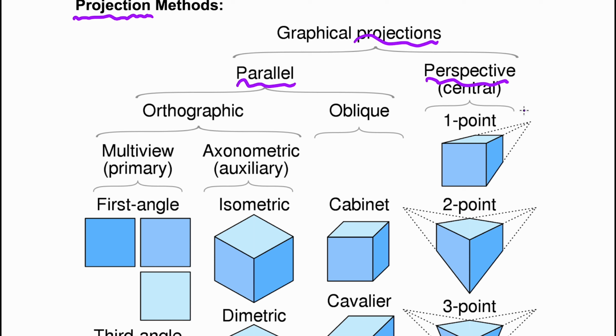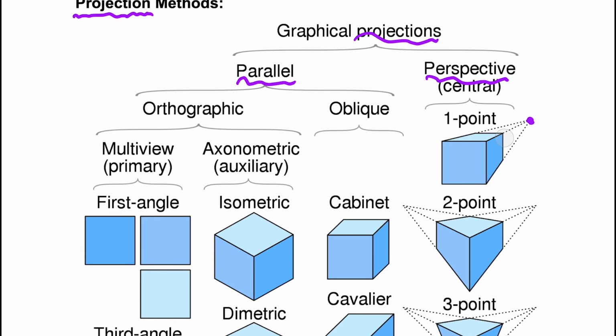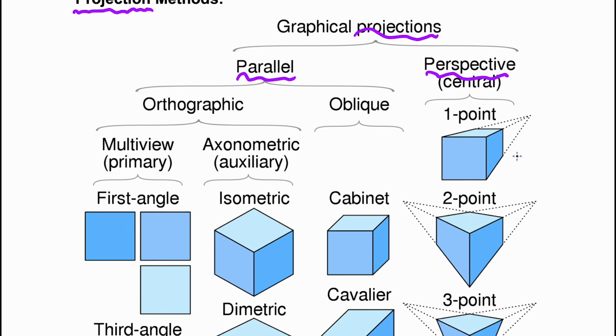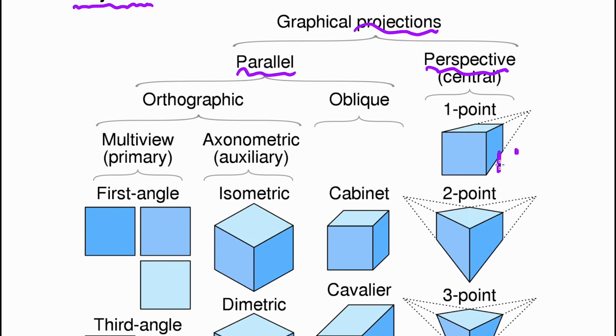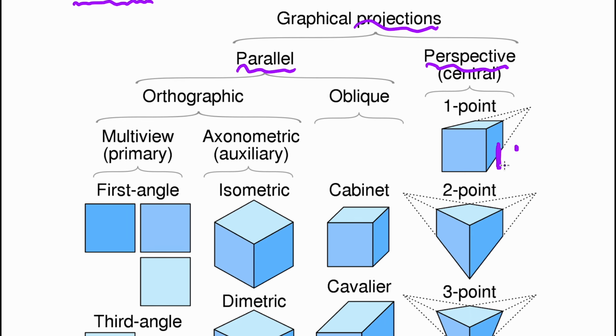In perspective projection, if you have a point-like source of light, your eye is going to receive that light like it's magnified when it's getting closer and closer. So it creates this effect or illusion that distant objects are smaller than the objects that are closer to you.